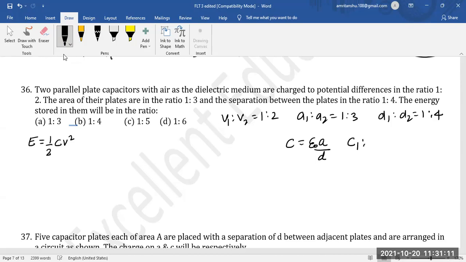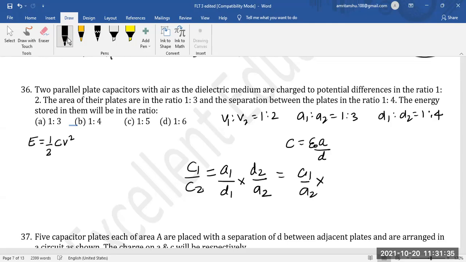So C1 is to C2 will be A1 by A2 into D2 by D1. A1 by A2 is how much? 1 is to 3.